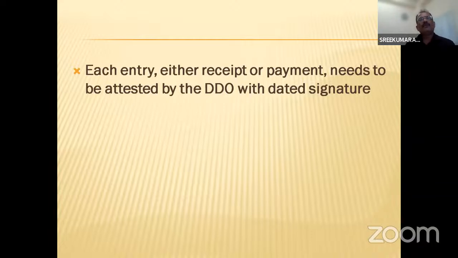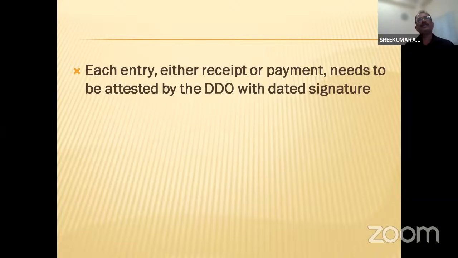Here we discuss the maintenance of the cash book. We have told that receipts are to be written on the left side and payments on the right side. Each entry, either receipt or payment, needs to be attested by the DDO with a dated signature. With the dated signature, it is important that the date is a must.